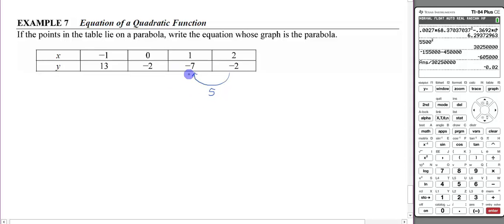You take -7, you subtract -2, in other words, -7 plus 2 would be -5, and then you take your -2, subtract 13, that's going to be a -15. That's our first differences.